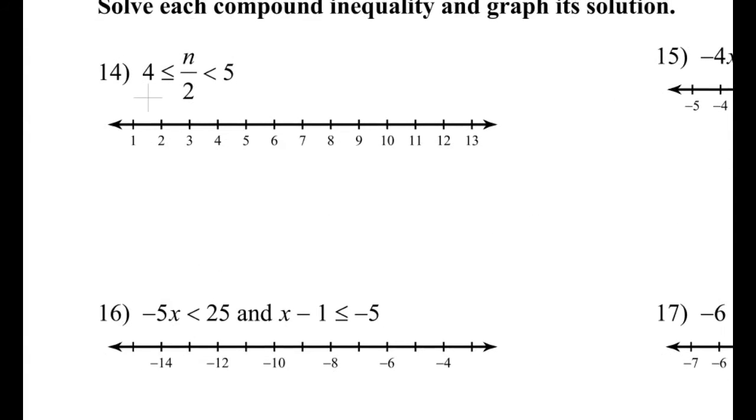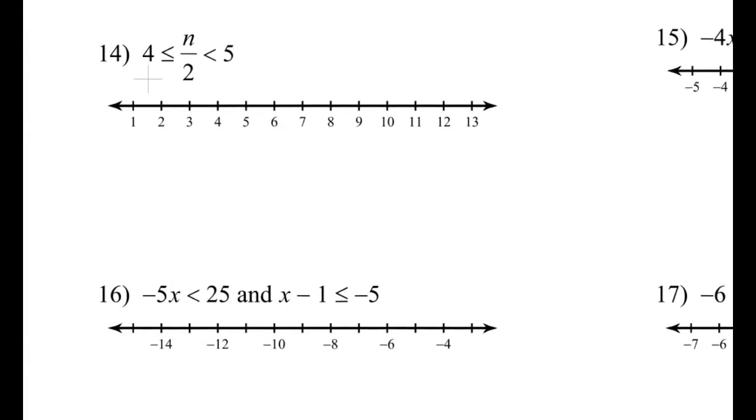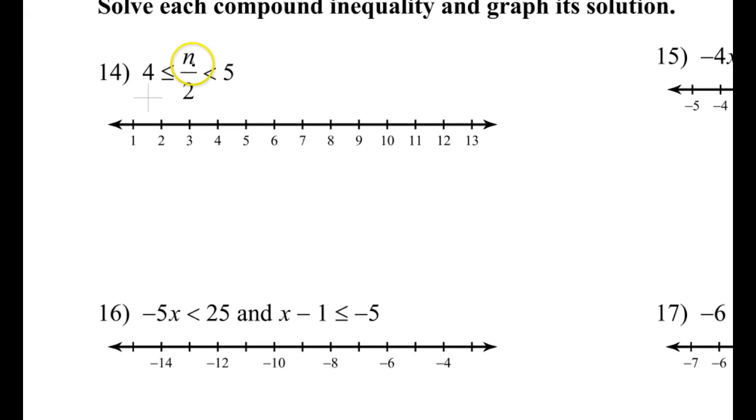On the back is just more of the same. Remember, if you see divided by 2 in the middle, that means you multiply it by 2. And make sure you do left, right, and center.